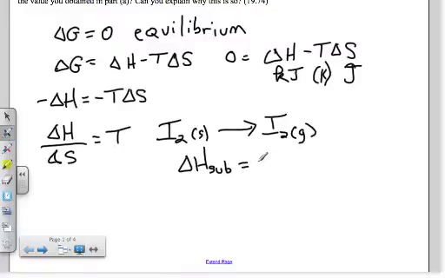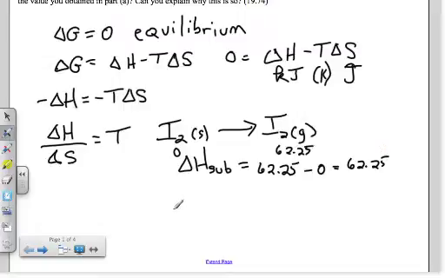If I look up the heat of formation of this product, it is 62.25 for iodine gas. And then the solid, of course, is 0 because that's the standard state for iodine. Look it up in the back of your book, you'll see that it is indeed 0. So products minus reactants, and we end up with our delta H of 62.25.